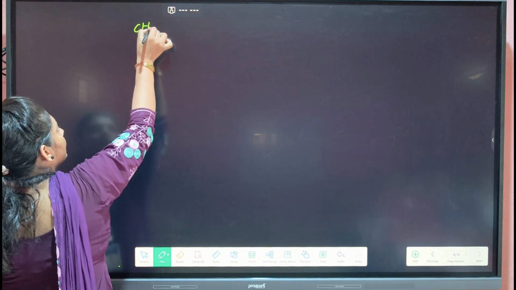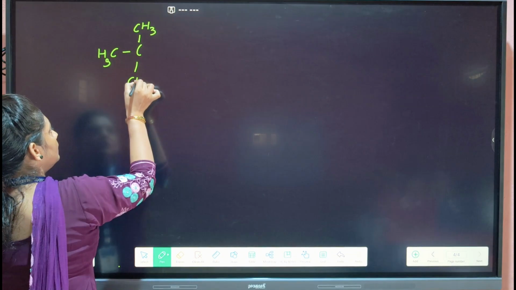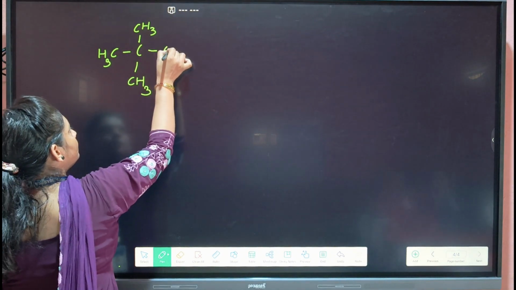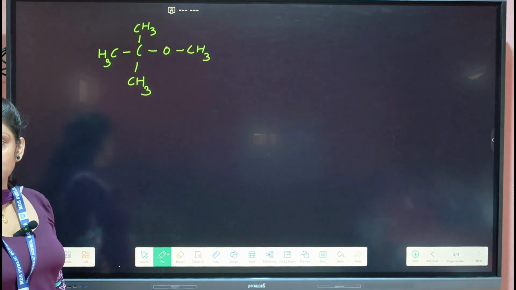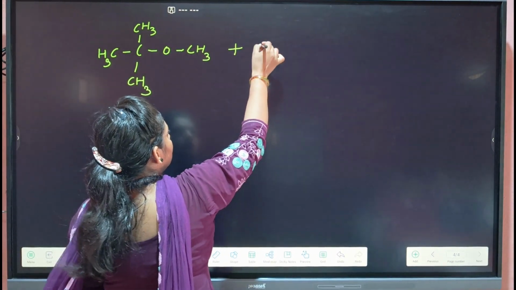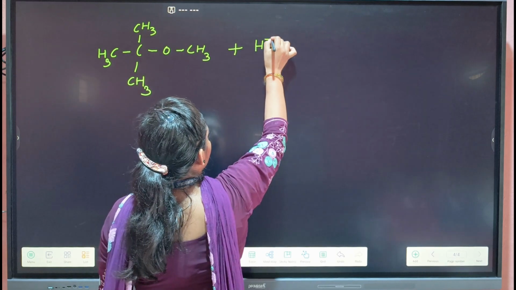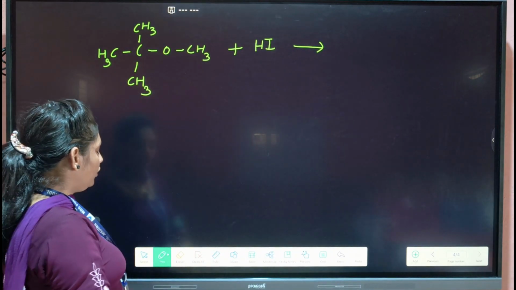So you will take a tertiary group, OC(CH3)3. This type of ether you will take. Then you will do reaction with the hydrogen halide. So what mechanism will be followed?